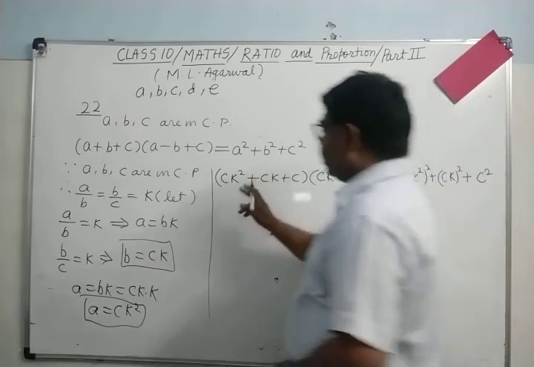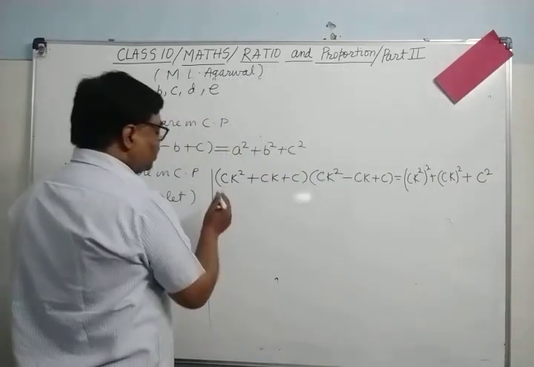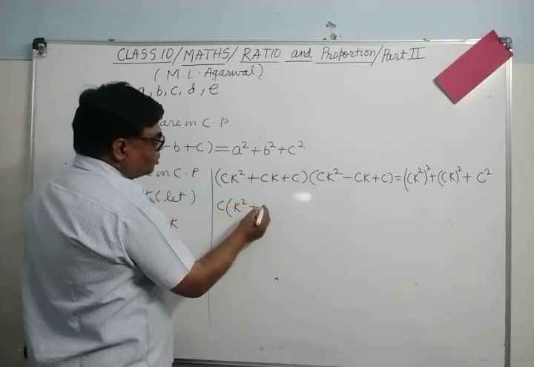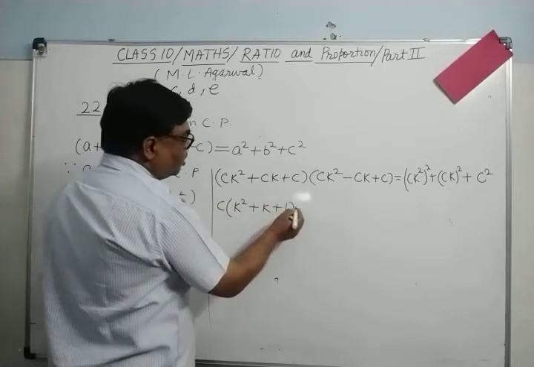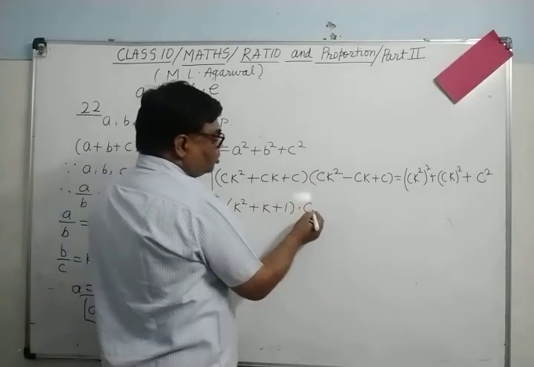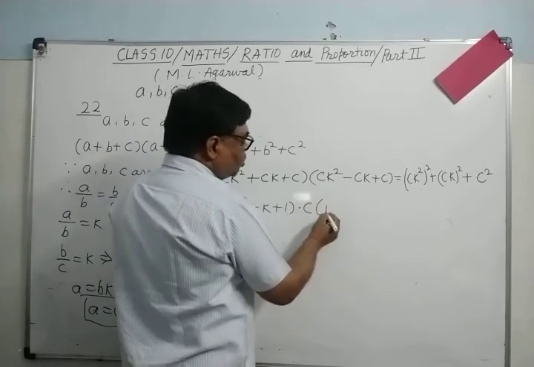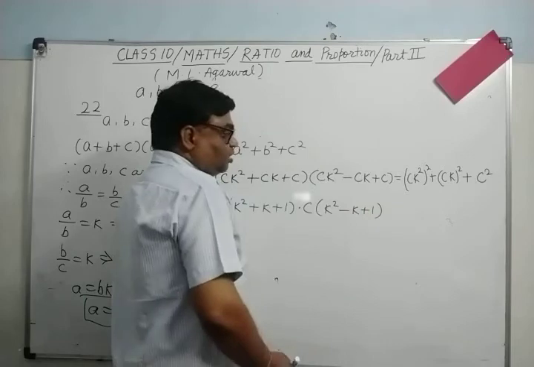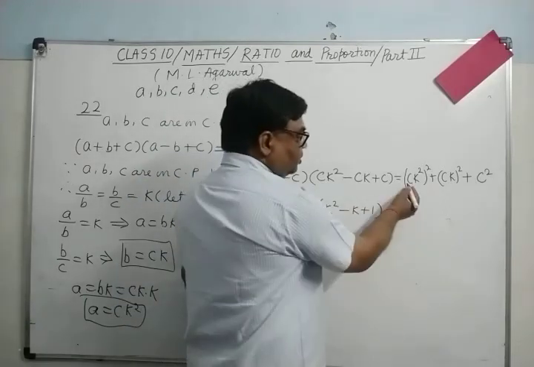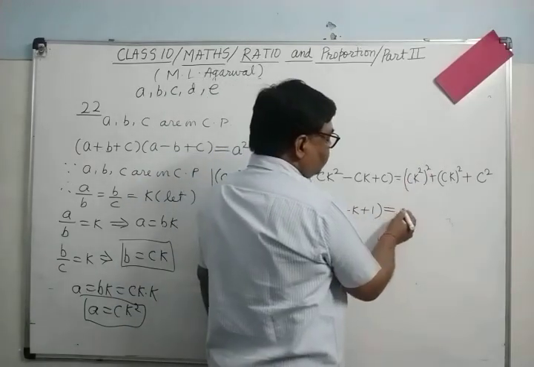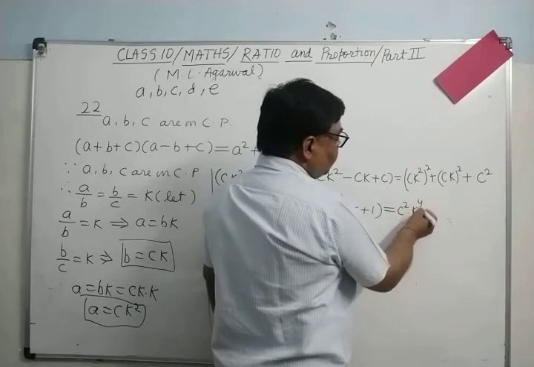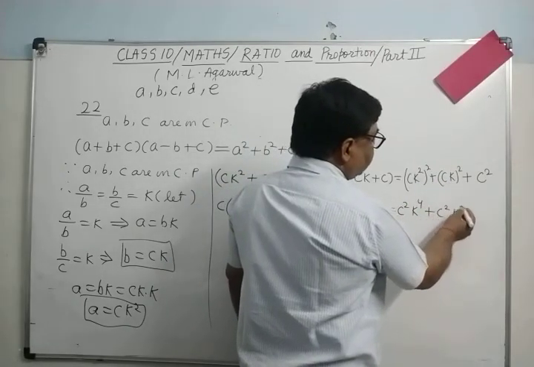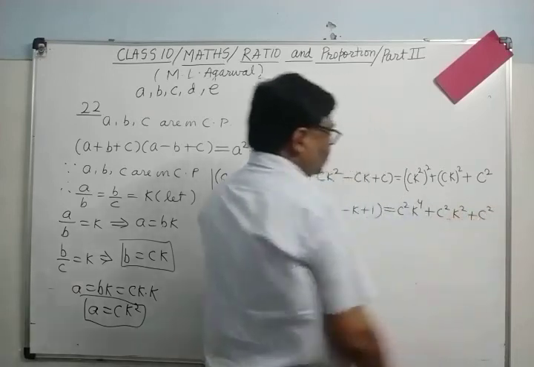So you take out C common here. When you take out C common, what will you get? You will get K square plus K plus 1. Here also you take out C common from this bracket, so K square minus K plus 1. This you further simplify. CK square whole square means C square K power 4. CK whole square is C square K square, plus C square.